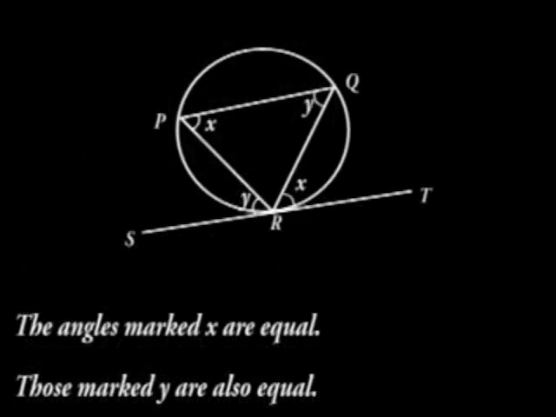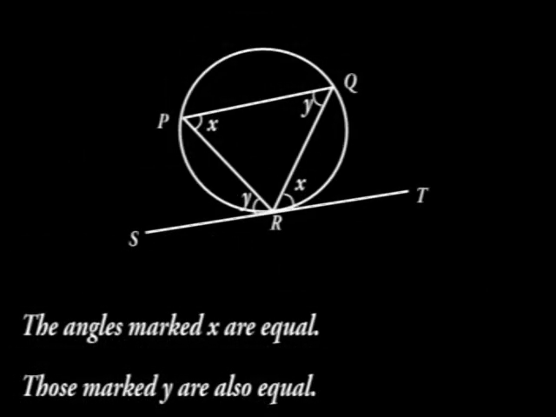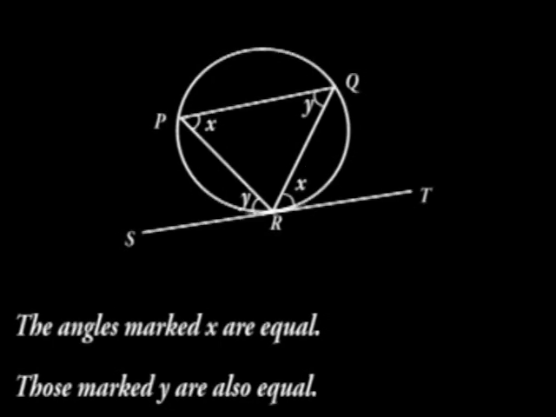Now consider the figure below. The angles marked X are equal and those marked Y are also equal. Chord QR makes angle X with a tangent at the point of contact. QR subtends an equal angle QPR on the alternate segment. Chord PR makes angle Y with the tangent at the point of contact.